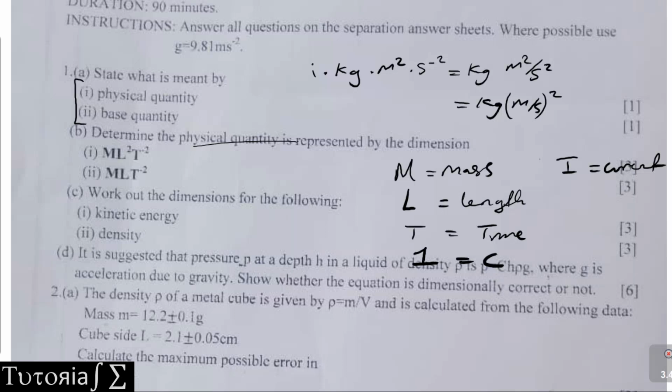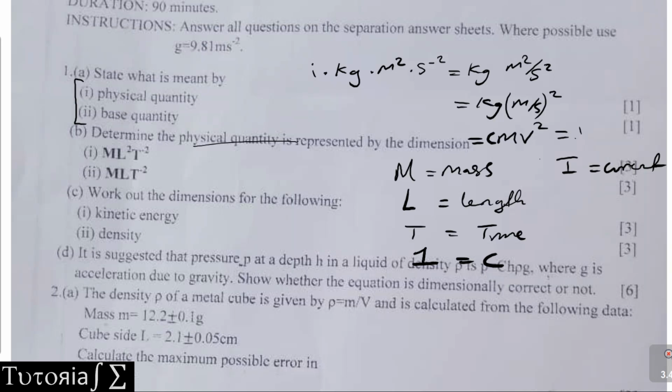Now meters per second is velocity, so this is velocity squared. Kg is mass, so we say m. Then there is a 1 in front here, the dimension of which is a constant. So this formula is the formula of kinetic energy.